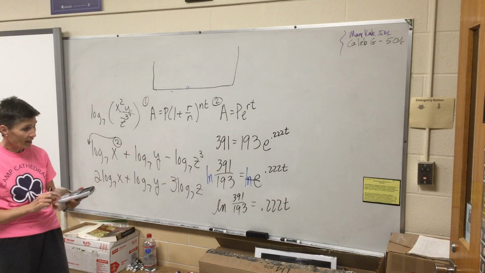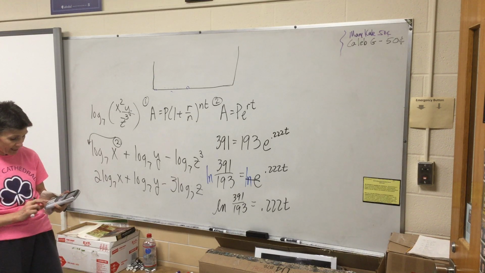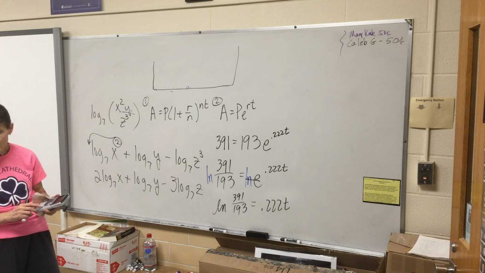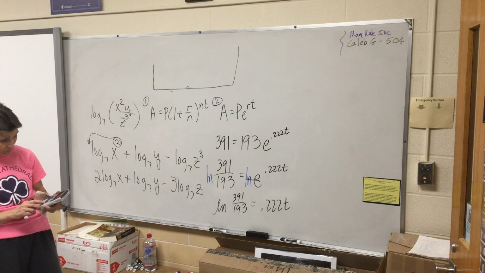And then to get t, I'll just divide. So ln, I hope everybody's got a calculator and you're practicing. In a minute, we're going to do some really doozy problems, so we need to be practicing on our calculator. 391 divided by 193, close parentheses, divided by 0.222.